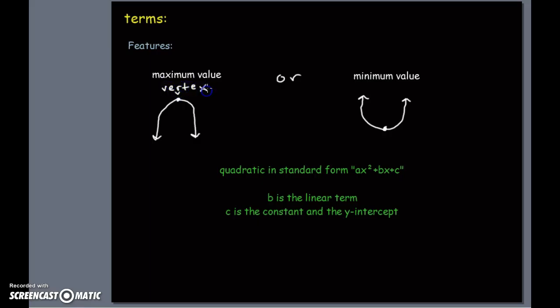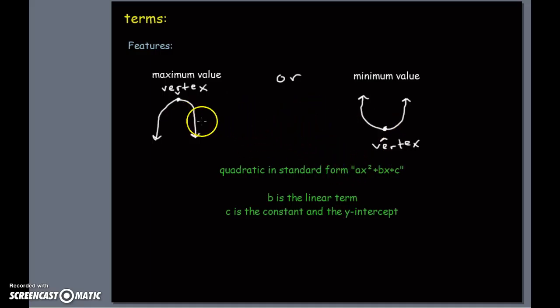So if the vertex is a maximum, then the quadratic has a maximum value. If the vertex is a minimum, the lowest point on the line, then the quadratic has a minimum value, meaning it opens up. So we'll use these two examples to identify whether the value is maximum or minimum.